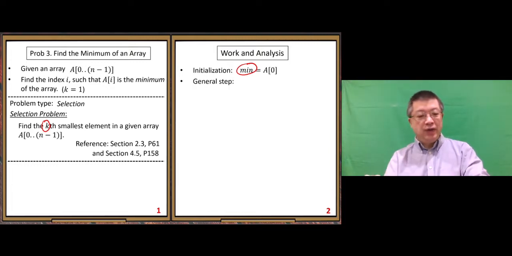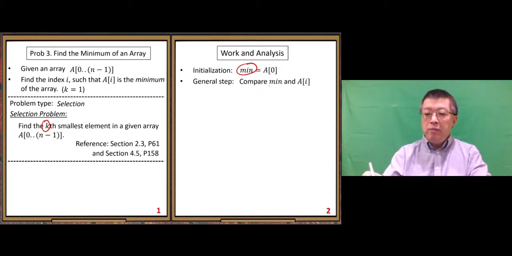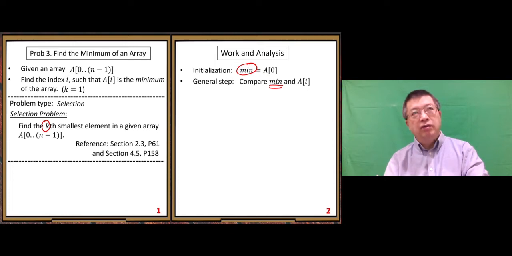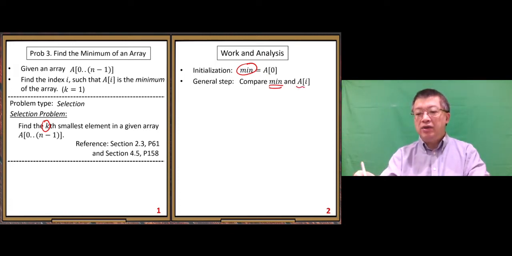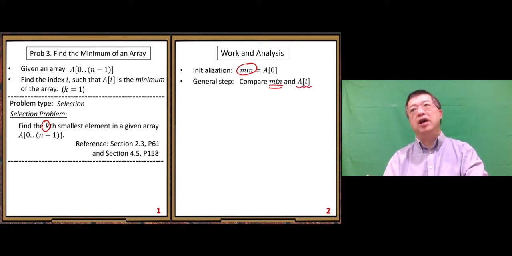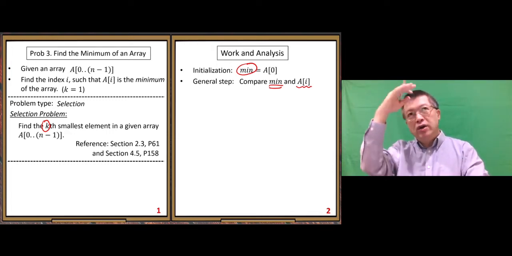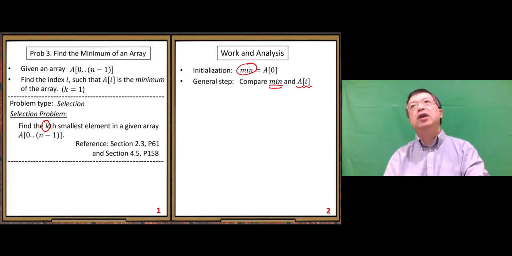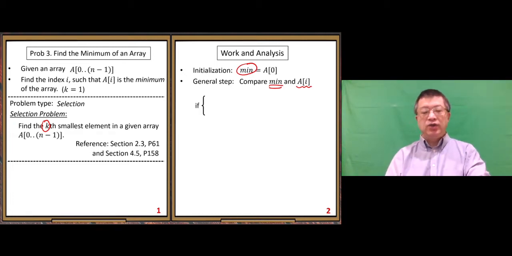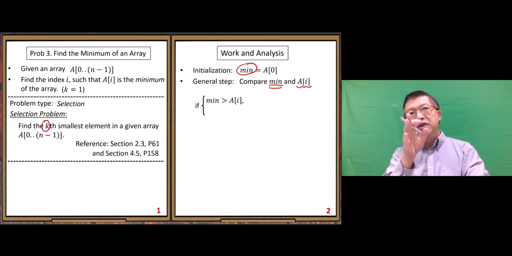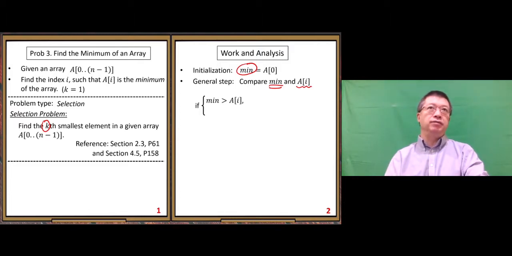After that, we do the general step. In the general step, we compare the min variable with the current element, A[i]. We want to compare which one is larger or smaller, including the equal case. We consider two cases. The first case: the min value is greater than the current value.